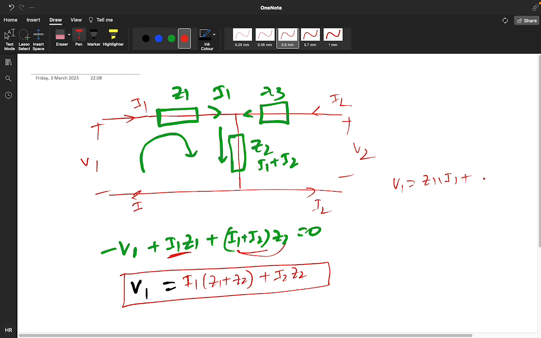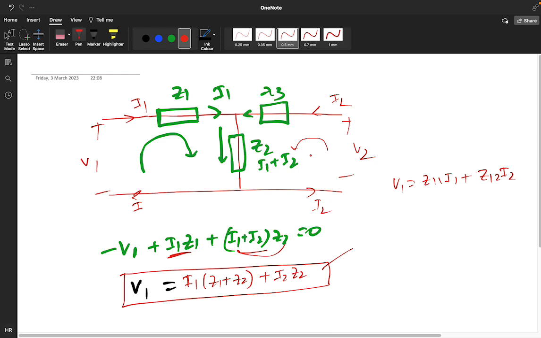Any doubt? If any doubt is there, then you can ask me. If it's not clear, you can ask. It's clear. Okay, same operation you have to apply for this part.